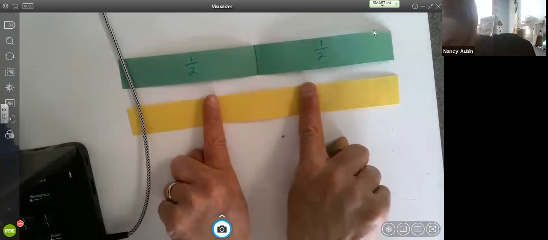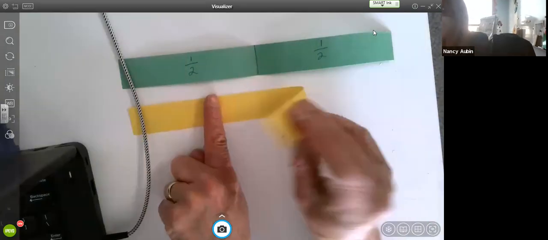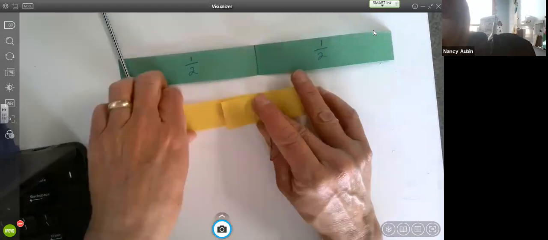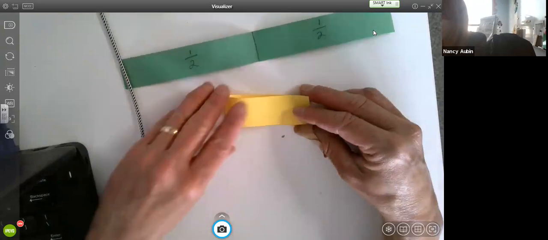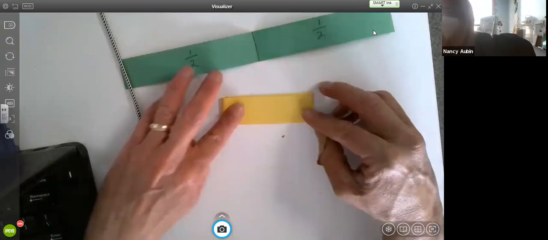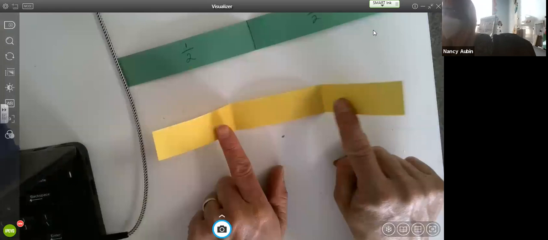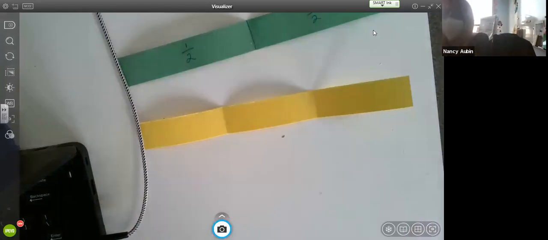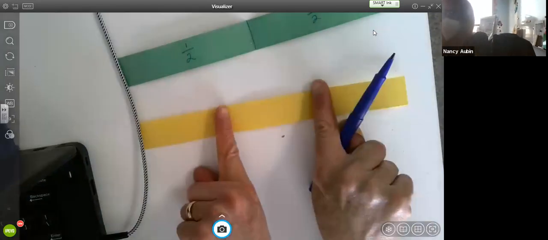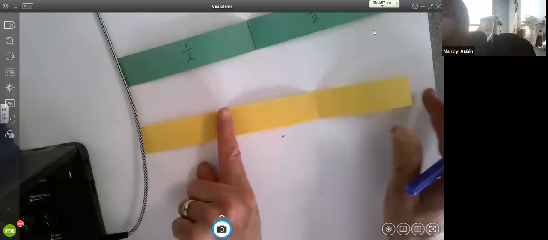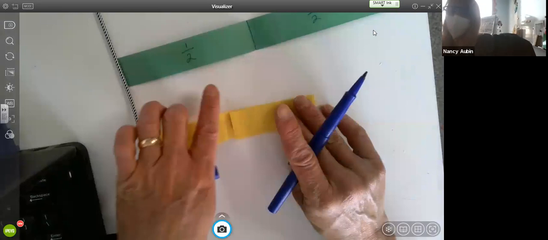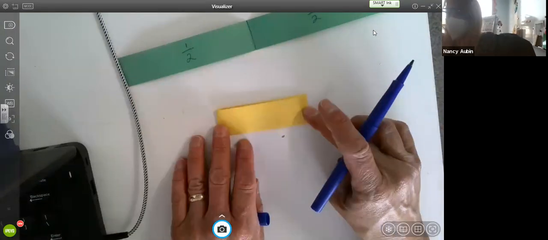And then I would slowly see if I could make them fold on top of one another so that they would be equal. And there is about the best I could do. Is it going to be perfect? No. Use your fingers to help you eyeball what you think the thirds would be. Fold it on one and then have the other one fold over it, and they should match up. And that'll give you thirds.